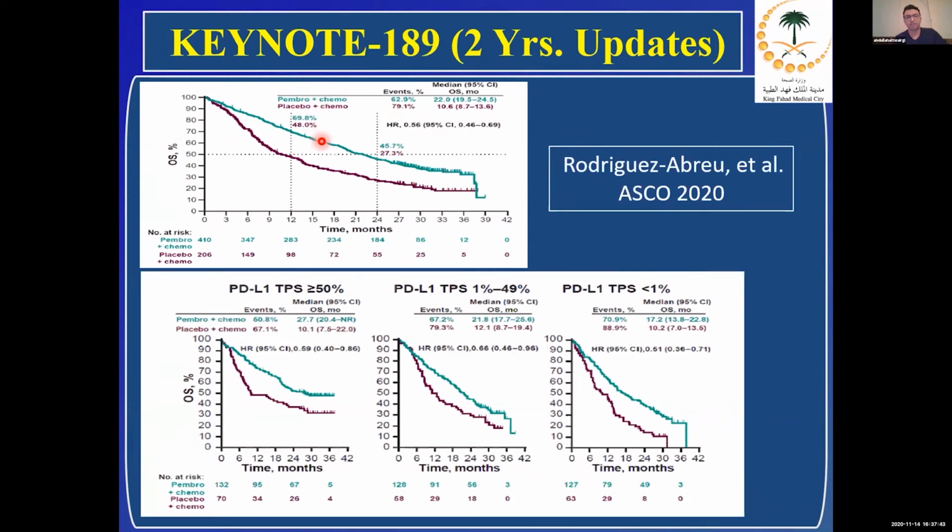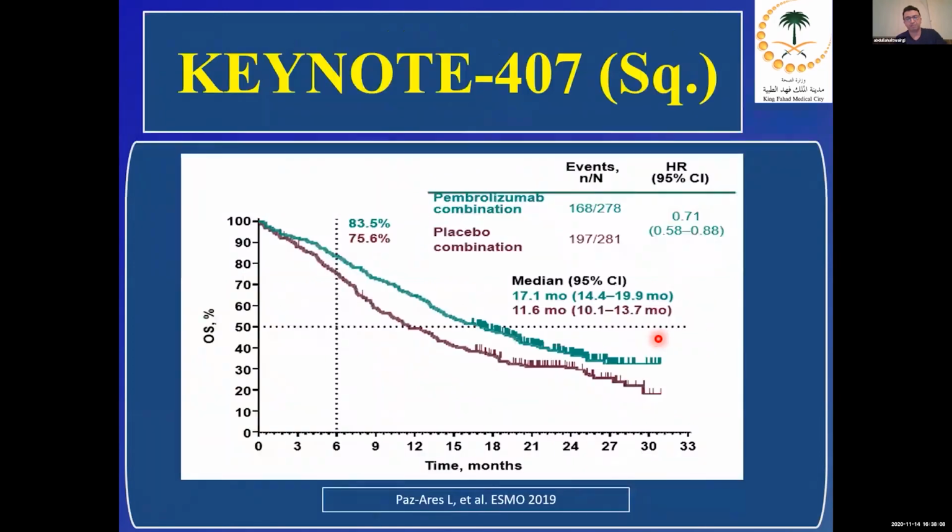And here we have seen that those patients who started with the combo have a better outcome. 22-month median survival, versus 10 months in the control arm. And the benefit was seen across all patients, including high PD-L1 positive tumors or low PD-L1, and even PD-L1 negative. All of them do benefit from the chemo-immuno combination.